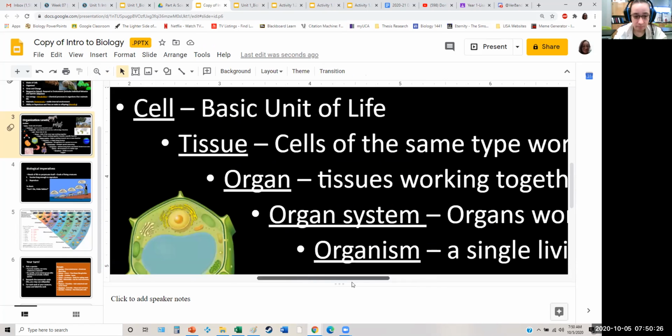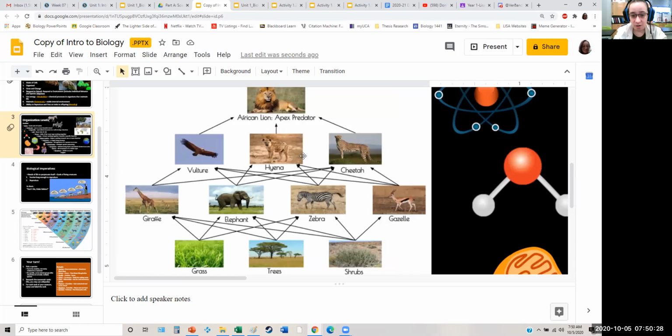All right, so now we have a lot of different organisms. So we have shrubs, trees, grass, zebra, gazelle, cheetah, hyena, and then the lion. This represents a food web, but for right now, we're just going to focus on how it is a community. So community, we have more than one different type of organism.